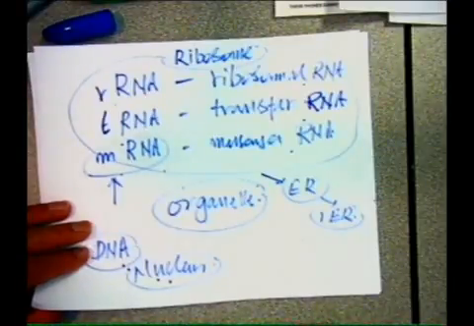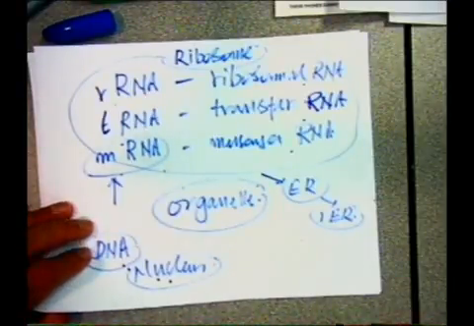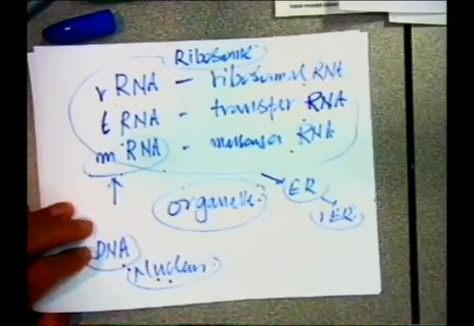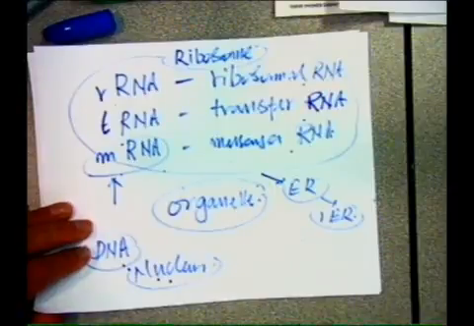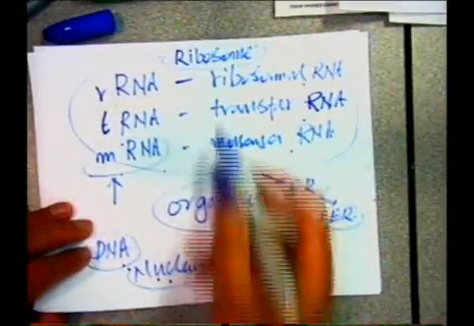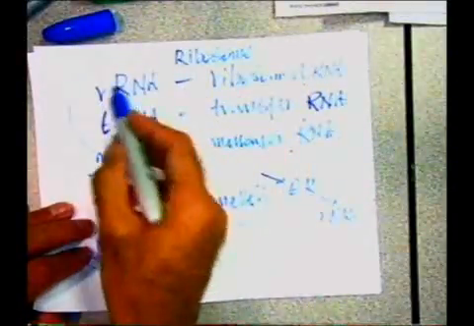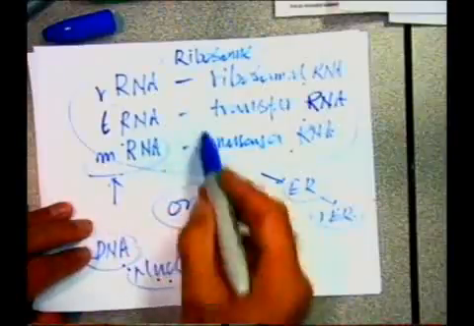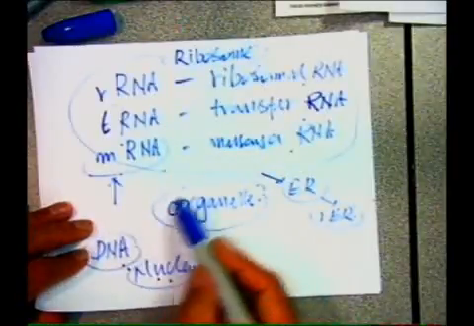Ribosome is an organelle, and mitochondria is an organelle, and nucleus is an organelle. Centriole is an organelle. Golgi apparatus is an organelle. And microtubules, organelles. All of them are organelles. They're the components of the cell, so we call them organelles. So ribosome is an organelle, and this ribosome is made up of rRNA, tRNA, mRNA.